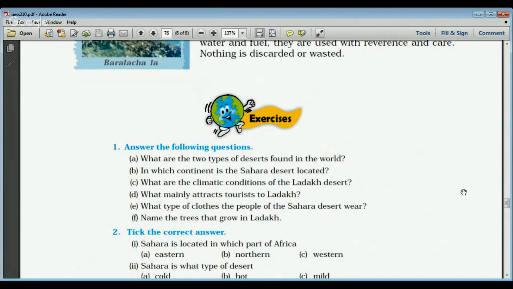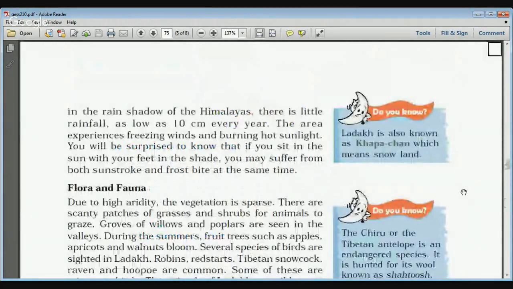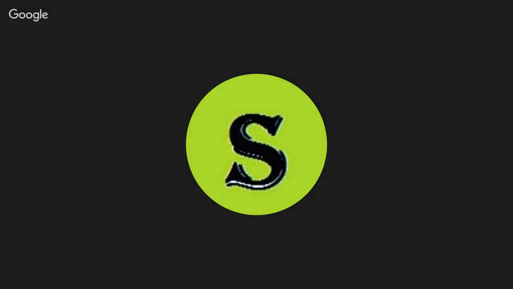They wear robes to avoid the scorching heat. See, it is written here, they wear heavy robes as a protection against dust storms and hot winds.